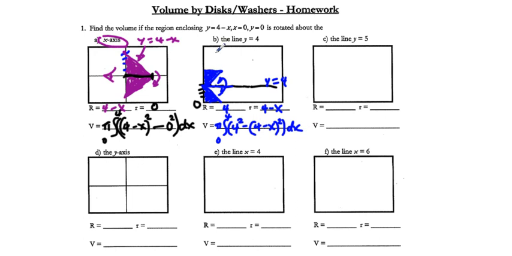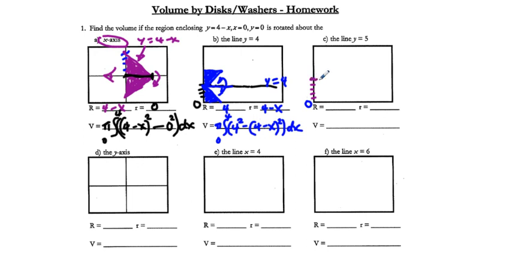Alright, now next one, the line y equals 5. Alright, similar type of setup as the last one. We're going to say 0 is right here at the corner, the origin 0, 0, and then we're going to go up, in this case, 1, 2, 3, 4, 5.